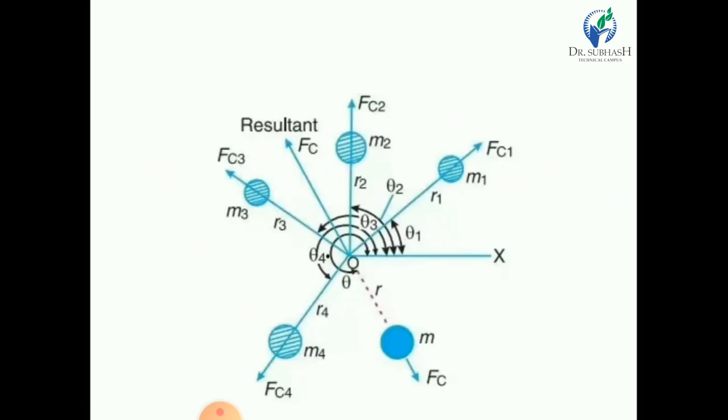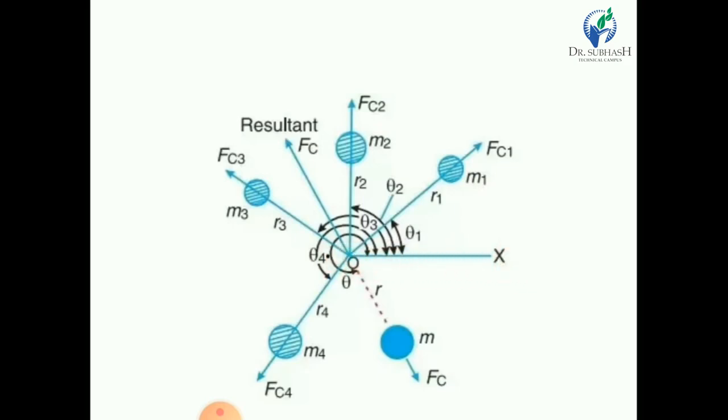So let us consider four masses as shown in the figure. This is a left hand side view. The center O is the shaft, the neutral axis of the shaft. OX is the horizontal reference line.